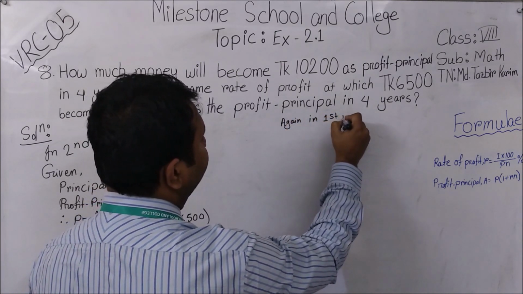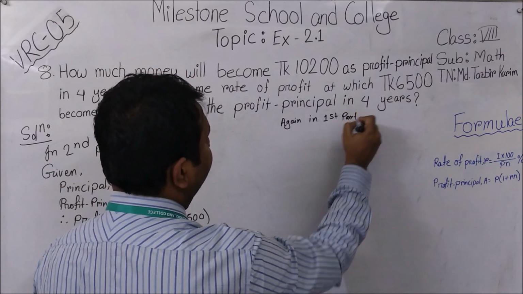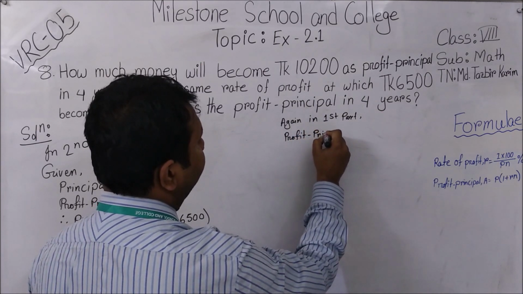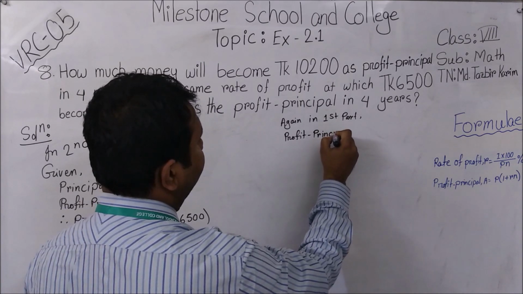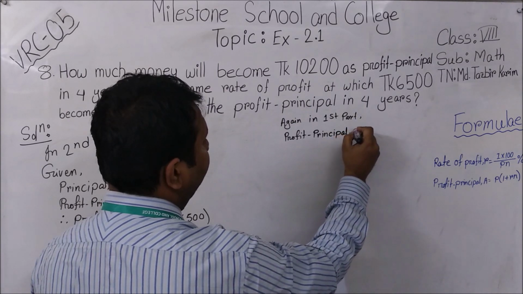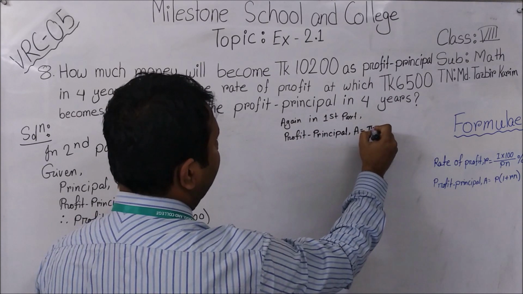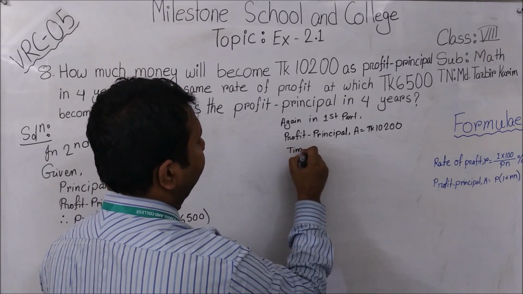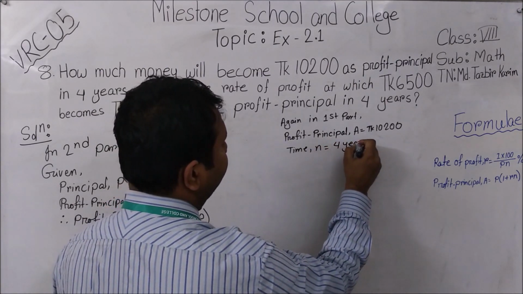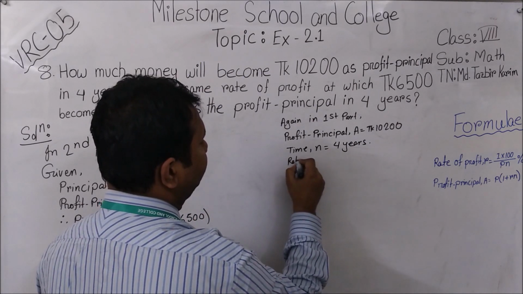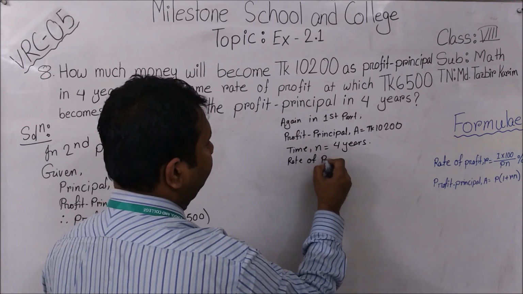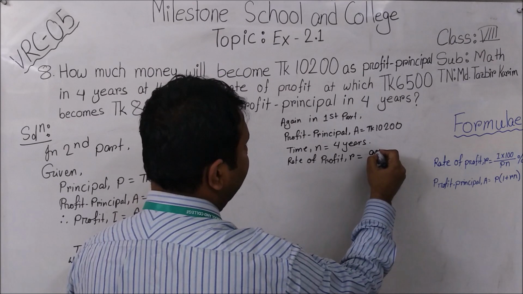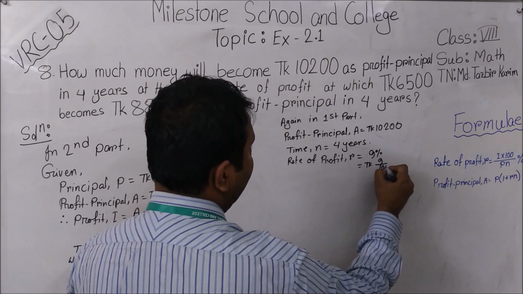So again, in the first part, profit principal A equal to taka 10,200, time n equal to 4 years, rate of profit R equal to 9%, that can be written as 9 by 100.